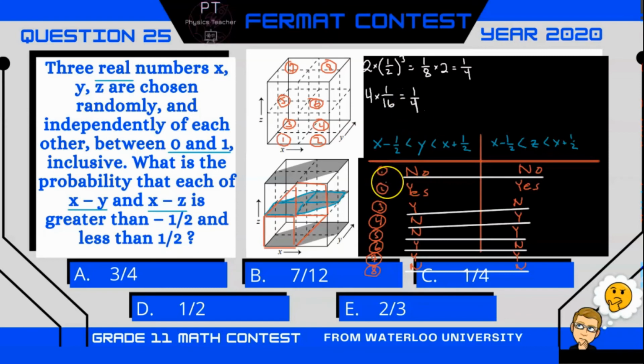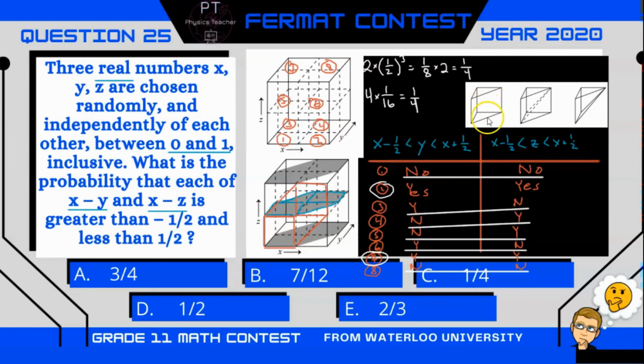Now finally, we have 2 cubes, number 2 and number 7, which are sliced by both the xy and the xz plane. That first slice gives you your triangular prism, but then your second slice creates a square-based pyramid.